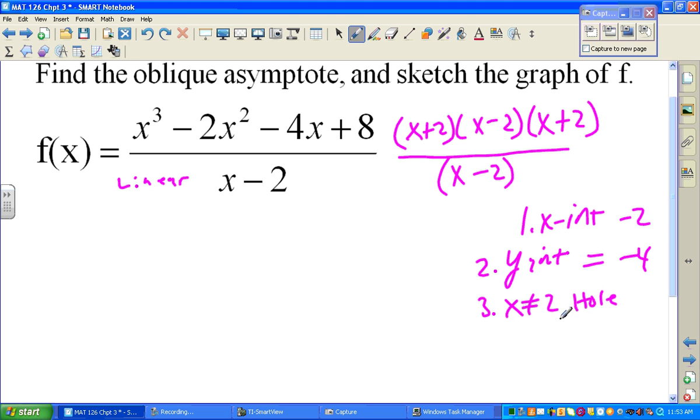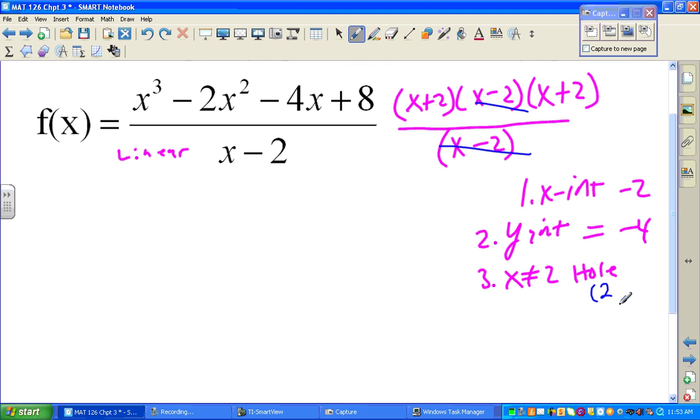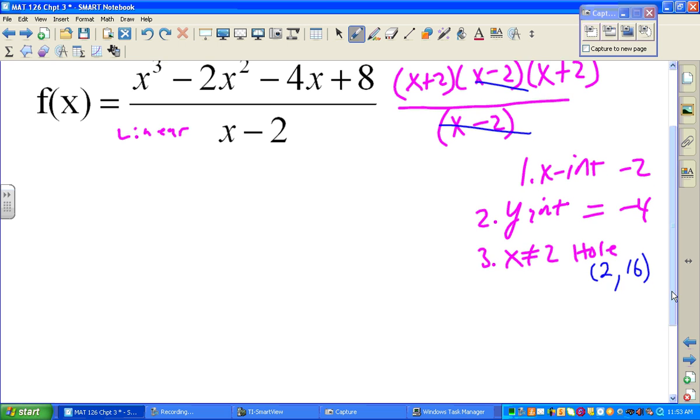And how do you find the y-coordinate? Easy. Once you know it's discontinuous, you cross that off, you put 2 into your result, and what you get out is the y-coordinate. So the hole is going to be at the point 2, comma, 4 times 4 is 16. So there's going to be a hole at 2, 16.